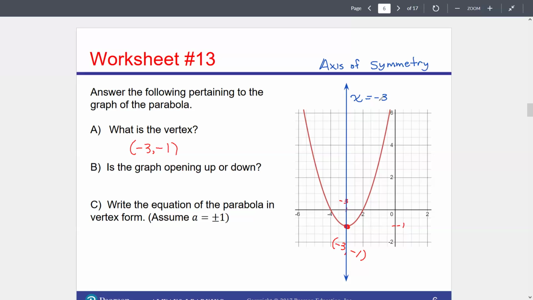Because if I just say x is equal to my x coordinate, it's going to make that vertical line that goes right through the graph. The next part was, is it open up or open down? Opens up, which means A is going to be positive.